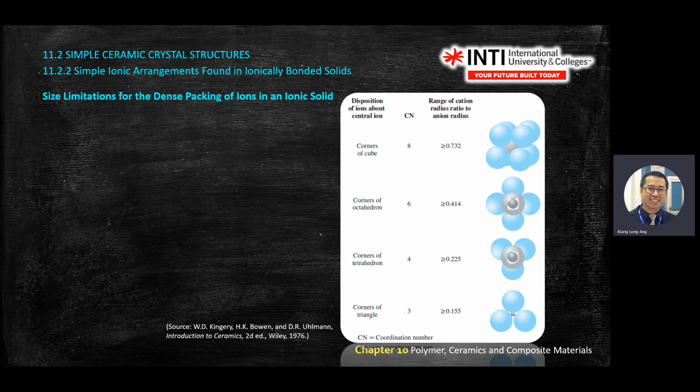People have already done experiments and then they give you a simplified table. So if you get a number more than 0.7, your Cn is 8. Cn is how many molecules make contact with that sphere or positive charge.